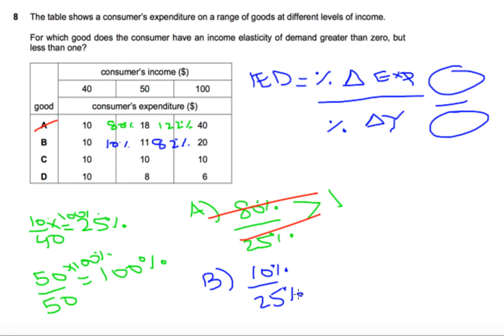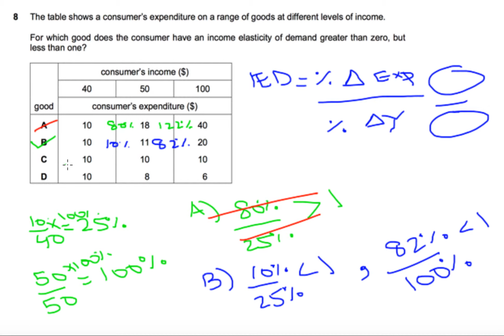So we know that this is greater than 0 and less than 1. So this part is true. Let's do the other change. The expenditure increased by 82% when the income increased by 100%. So this is also greater than 0 and less than 1. Both of these are correct, so the correct answer for this is option B.